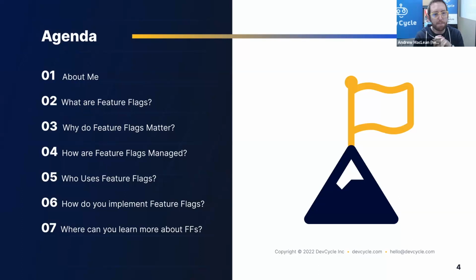We're going to talk about who uses feature flags. We're going to look at how to implement feature flags. So I've actually got a little bit of a demo on what this looks like as a developer implementing feature flags. And then I'm going to try and provide you with a few more resources that you can explore as you are kind of going through this process of learning more about feature flags and the process.